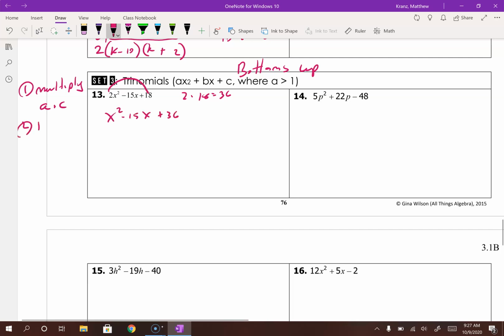All right, step 2, factor. I need two numbers that multiply to be 36 and are the same sign, adding to negative 15. So 36 could be 6 times 6. You can also have 4 times 9. That's another one.